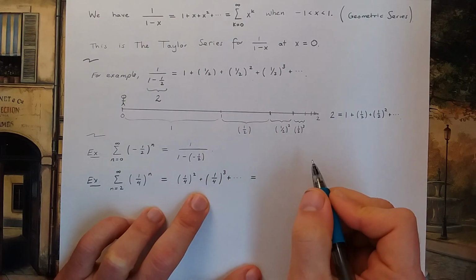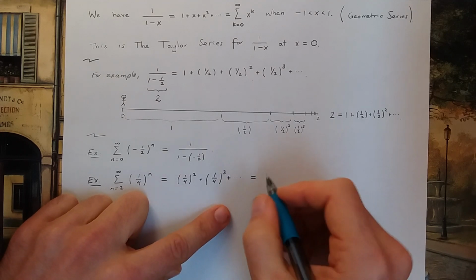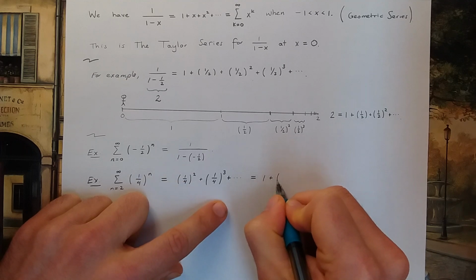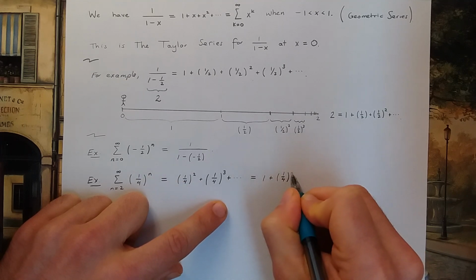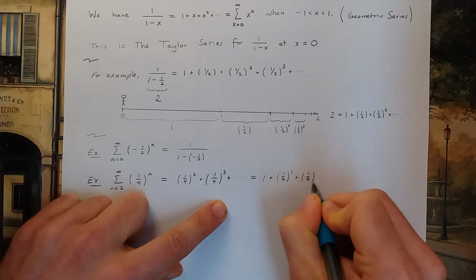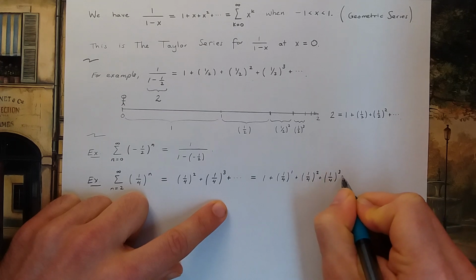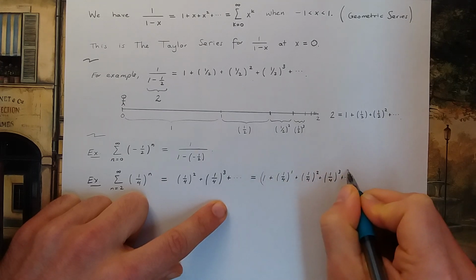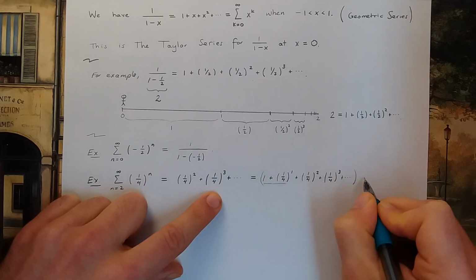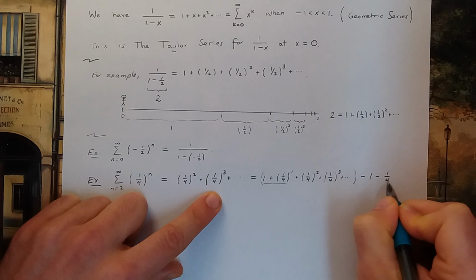So in order to adjust for that, there's a couple things you could do, but what I like to do is I like to add in the terms that I'm missing. So I'm going to add in 1 plus 1/4 to the first power plus 1/4 squared plus 1/4 to the third, and so on. So I added in these first two terms that weren't there originally, so I have to subtract them off later. So minus 1, minus 1/4.